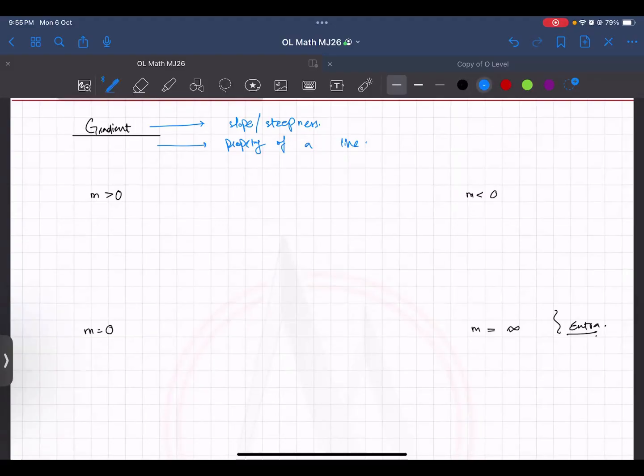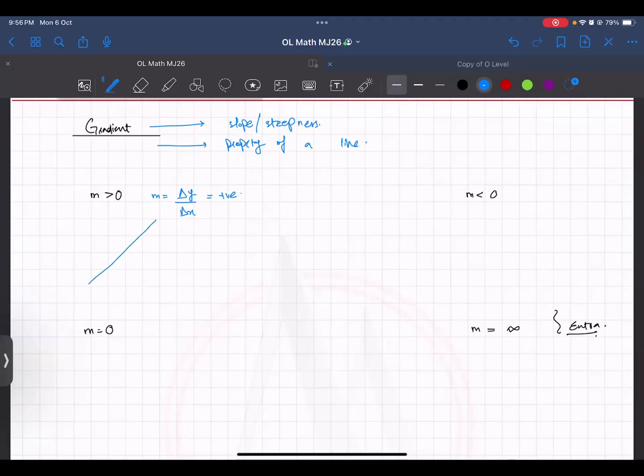So when your gradient is positive, this means that your change in y upon change in x is positive. So if your y is changing, your x is also changing in the positive direction.